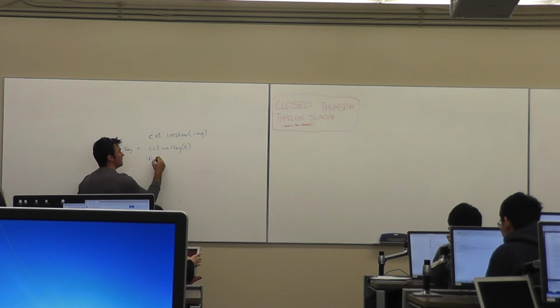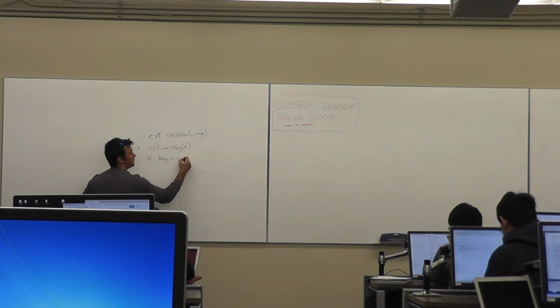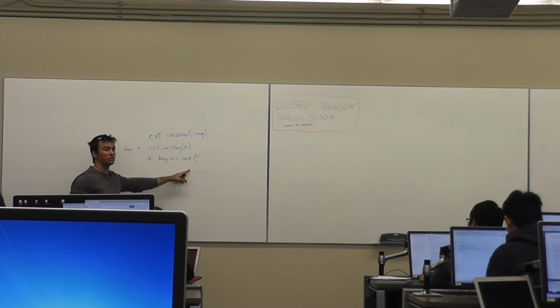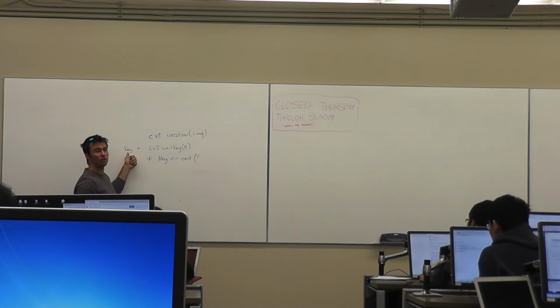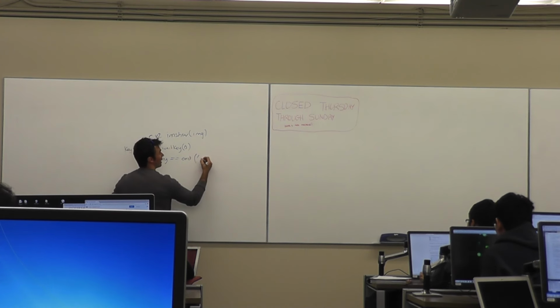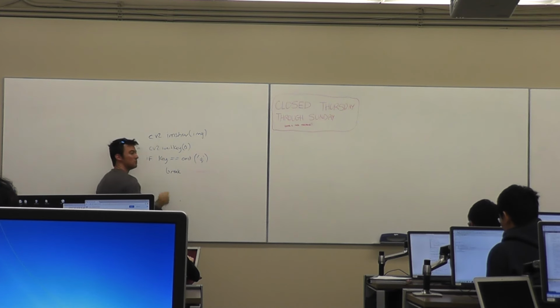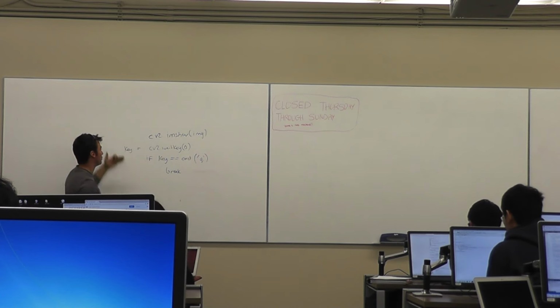If the key is the same as ord of some character, this function takes a character and turns it into its corresponding ASCII int. And this key here is the ASCII int corresponding to the key that was pressed. So you can say if that corresponds with Q, then break whatever loop we were in here.